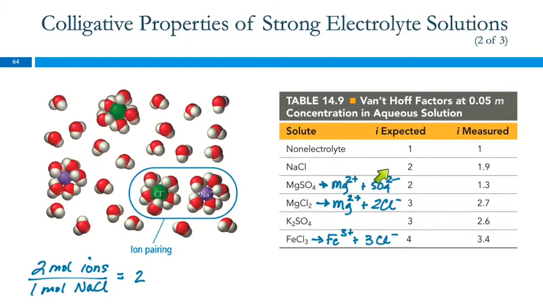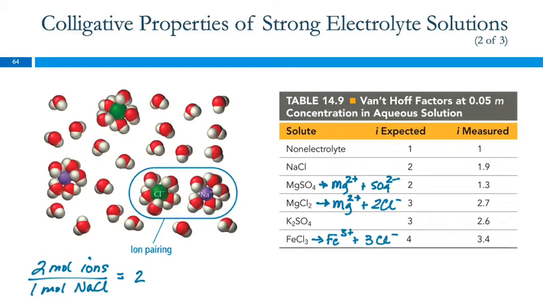What you should be able to predict and use if necessary is the expected factor. And you get this expected factor just by looking at, well, how many ions does this form when it dissolves? 1 formula unit of FeCl3. We should be able to recognize that we've got Fe3+ ions and chloride ions, and there's 3 of them.